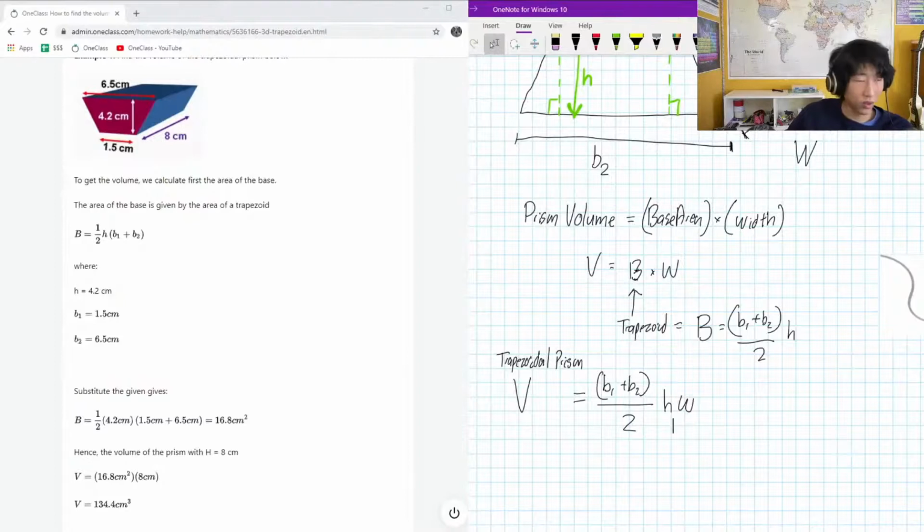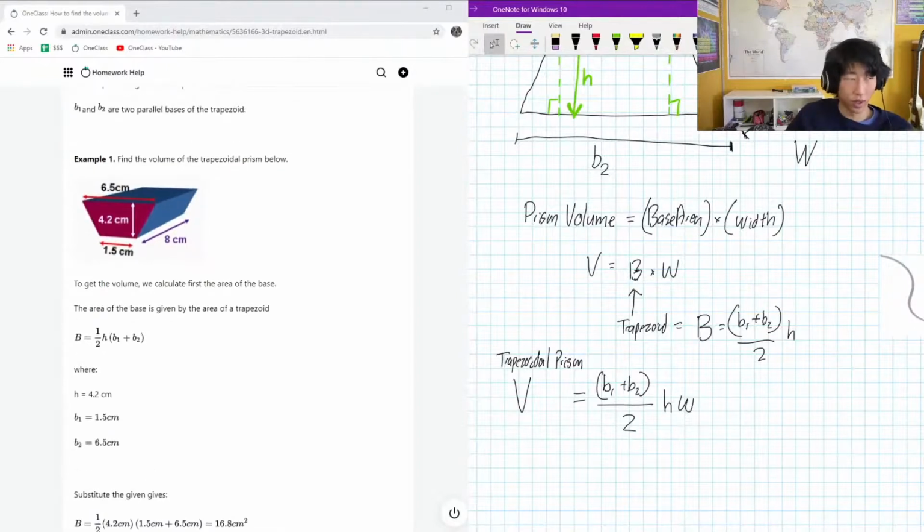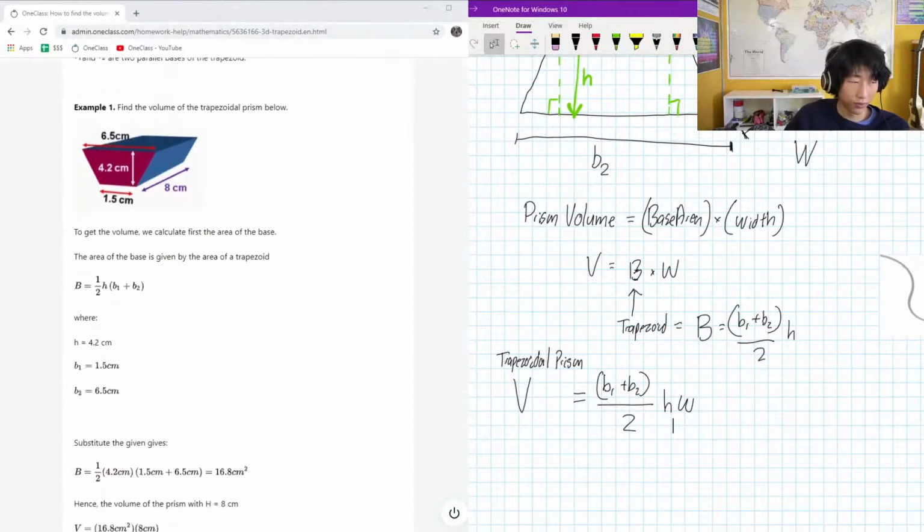Exactly, and here we see the example run with some numbers, and we can see that the wide base and the small base are 6.5 centimeters and 1.5 centimeters. So to find the area of this trapezoid, we're just going to add 1.5 plus 6.5, multiply them by 4.2 and divide by 2.